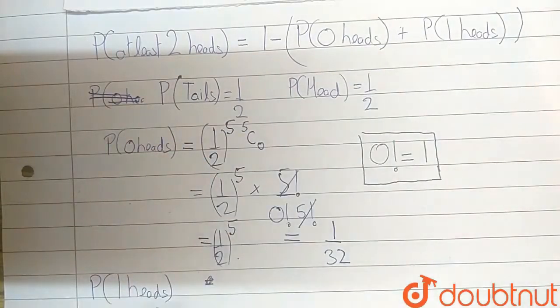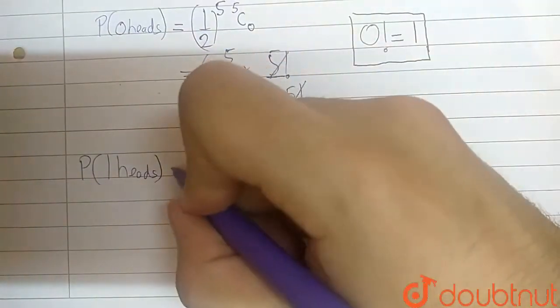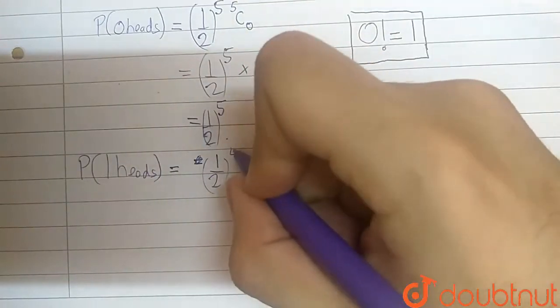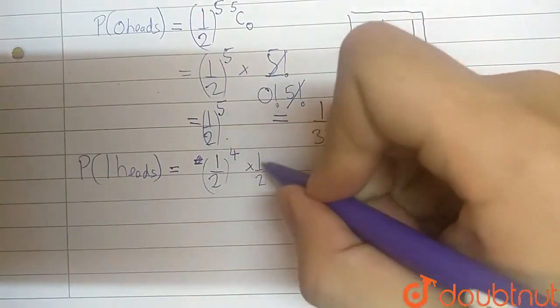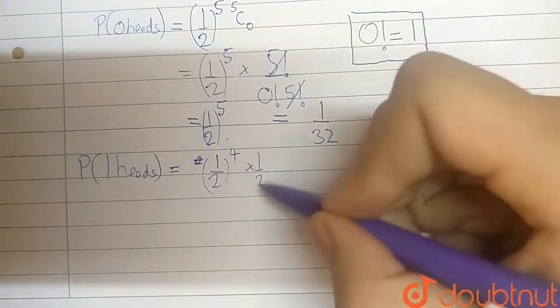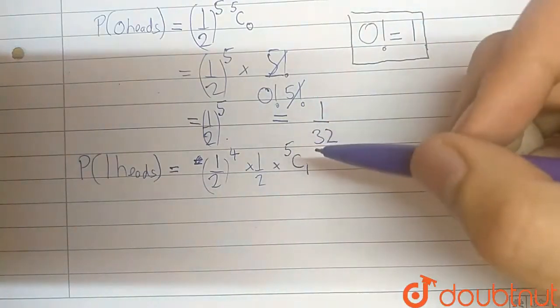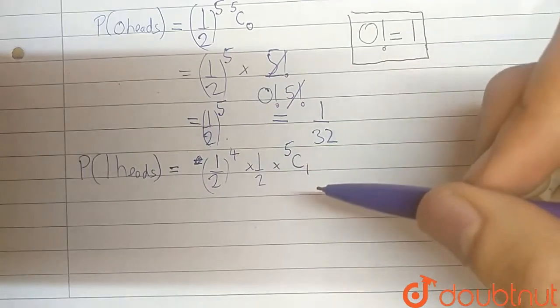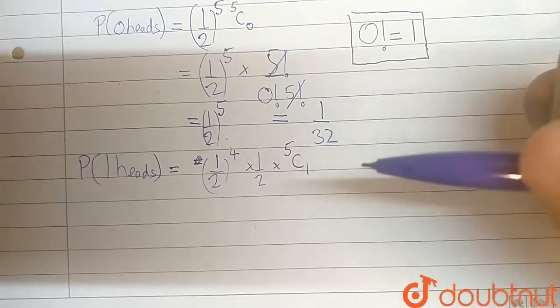Now we will find out probability of 1 head. This means probability of 1 head in 5 separate coin tosses. Hence we will do 1 by 2 to the power of 4, for the number of tails we get, into 1 by 2 to the power of 1, for the number of heads, into 5C1, because we must find the ways of getting combinations of 5 items taken 1 at a time.